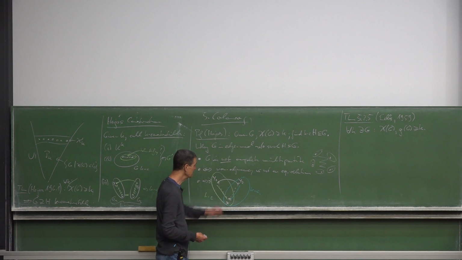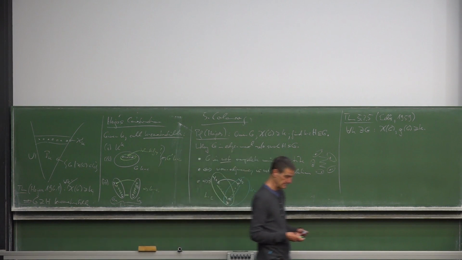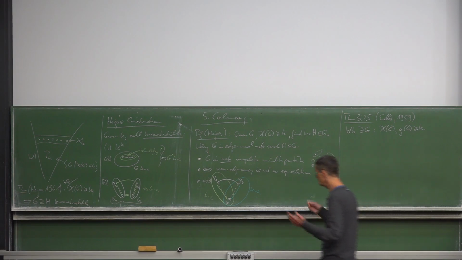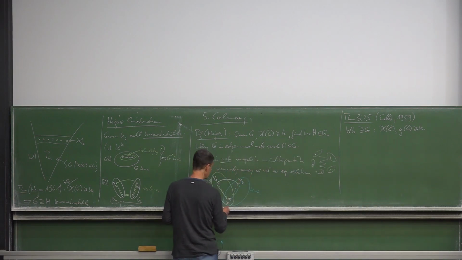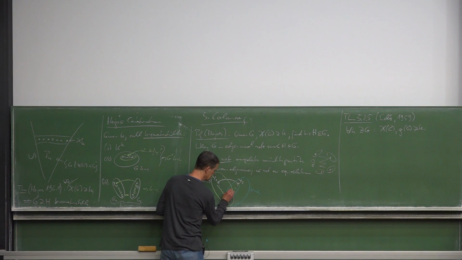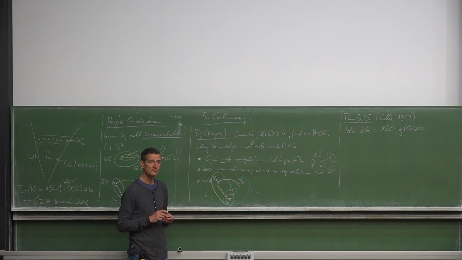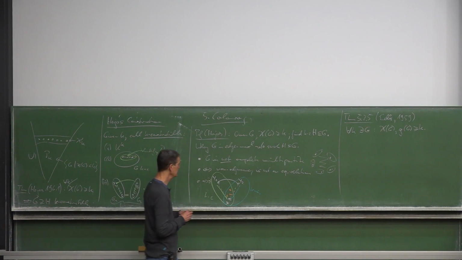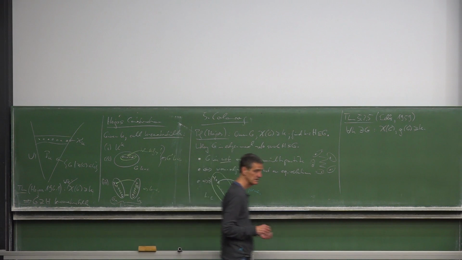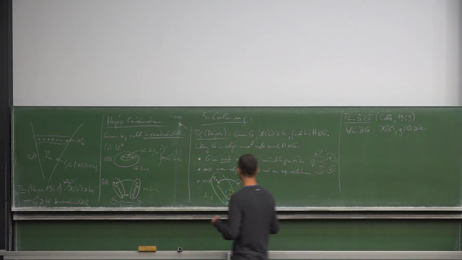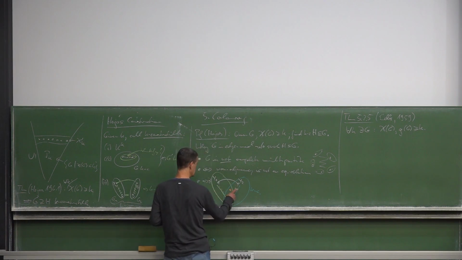And we're not far from that. Why? Because there may be other vertices in the intersection. But we now do a trick. We create a copy.